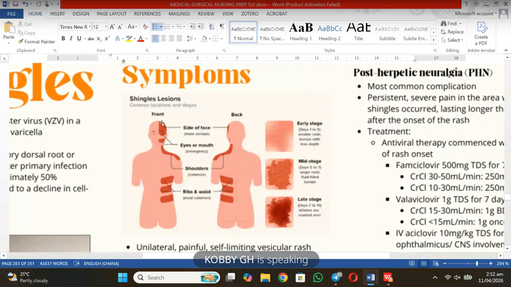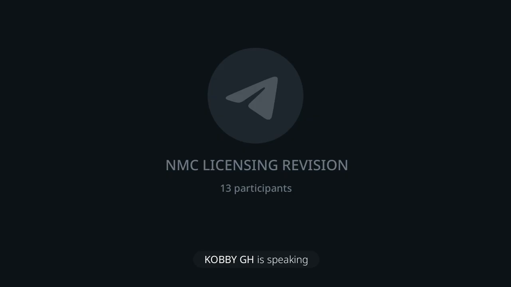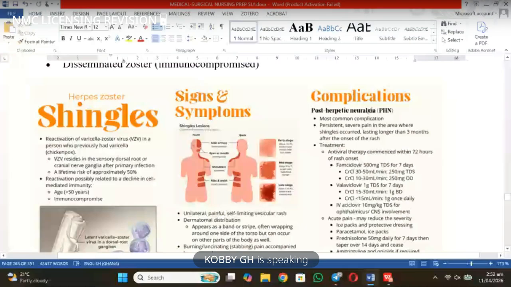You see here, if it is the left part, the rash would be lined up at the areas it usually affects on that side: the front face, areas around the eyes and the mouth, the shoulders. This one is the shingles, the zoster.